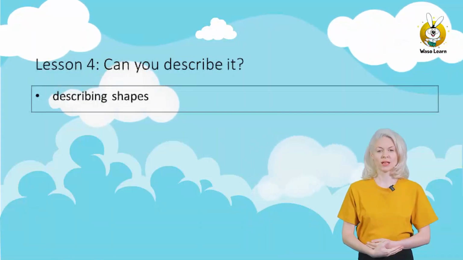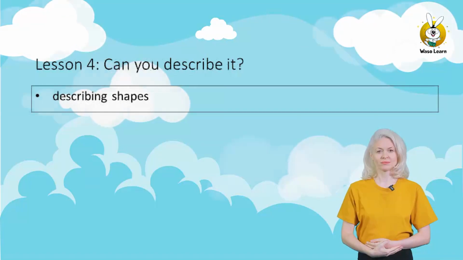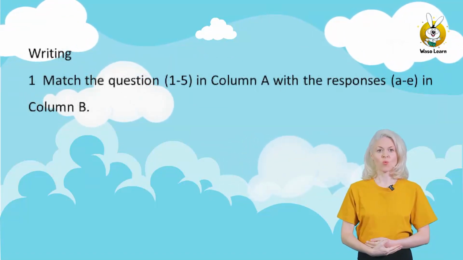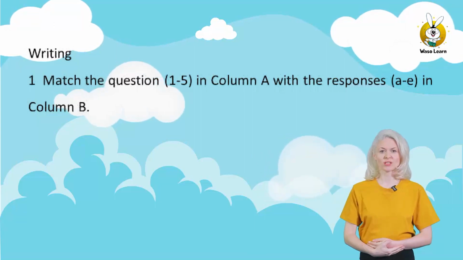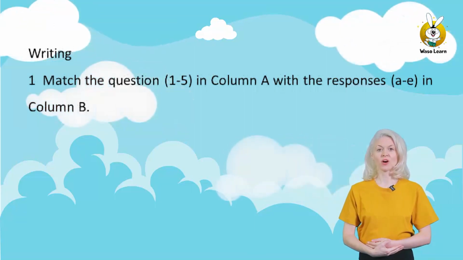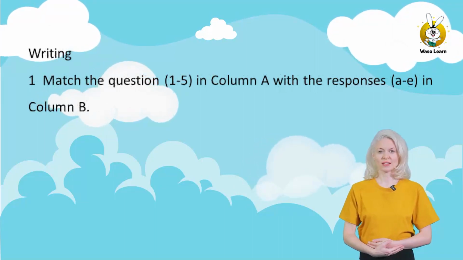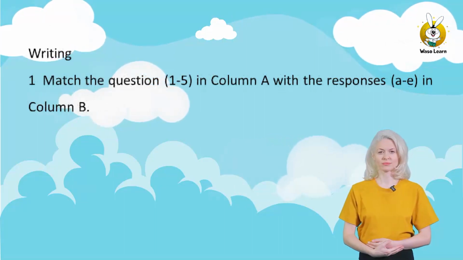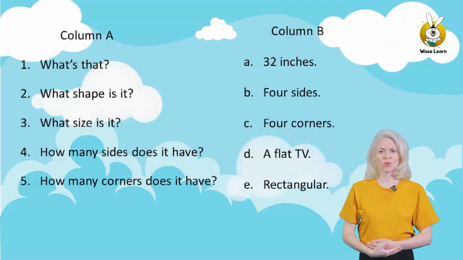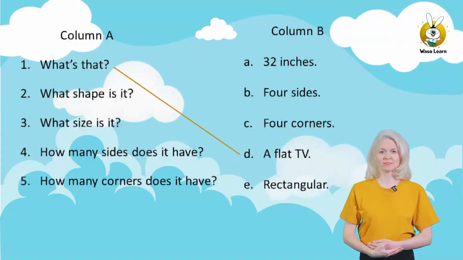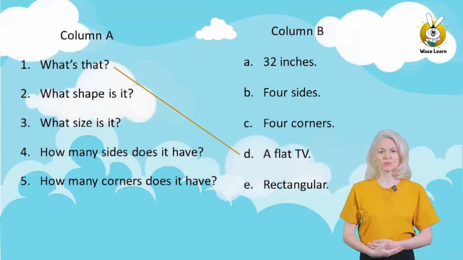Lesson 4. Can you describe it? Describing shapes. Writing. 1. Match the questions 1 to 5 in column A with the responses A to E in column B. 1. What's that? A flat TV. 2.